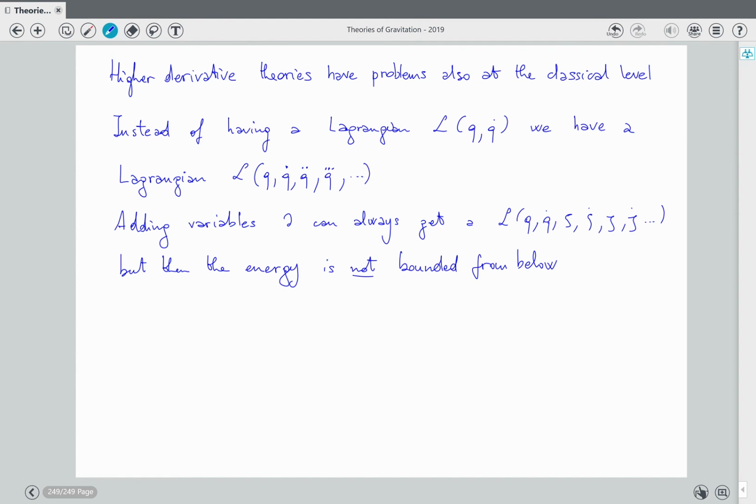However, at the classical level, there is a way to turn this around. And then we will see that it will not be straightforward, but there is a way to do the analog thing in quantum gravity.